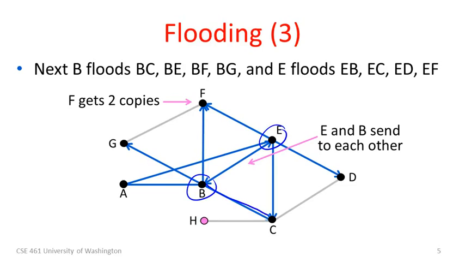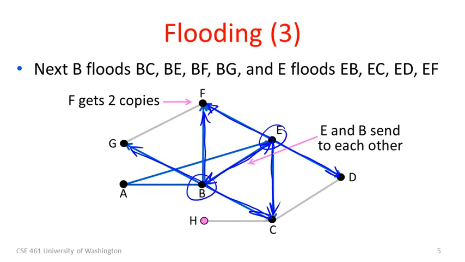So it's going to send it to C, it's going to send it to E in this way, it's going to send it up to F, and it's going to send it to G. Similarly, E is going to flood by sending it to all of its neighbors. So it will send it down here to D, it will send it down to C, it will send it back to B, and it will send it to F.